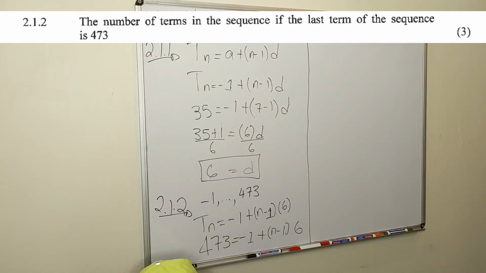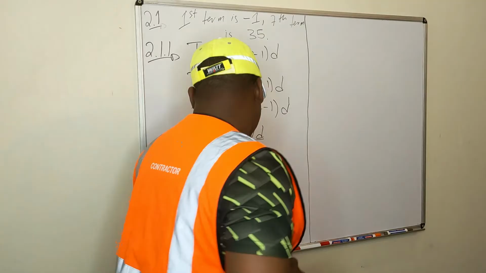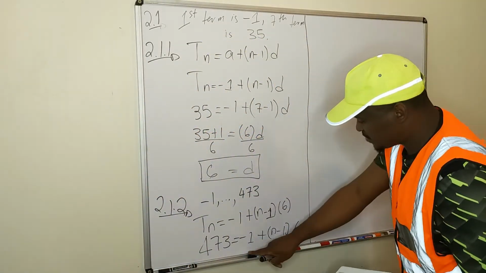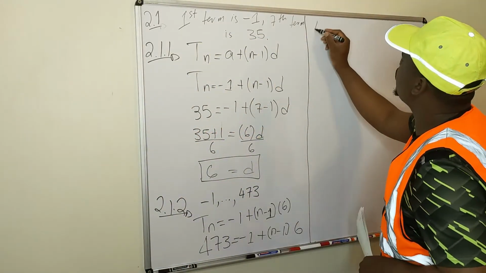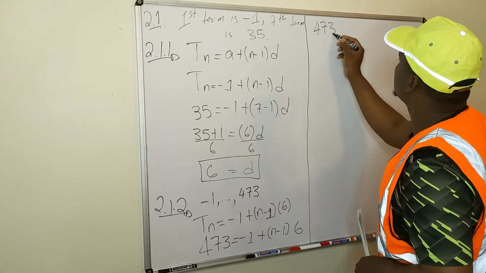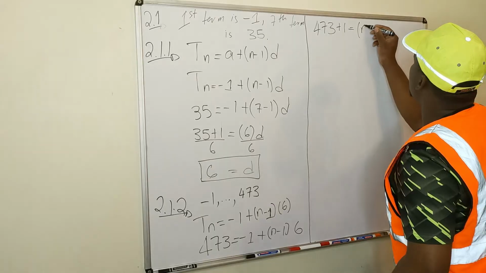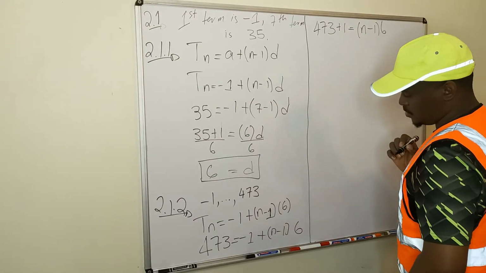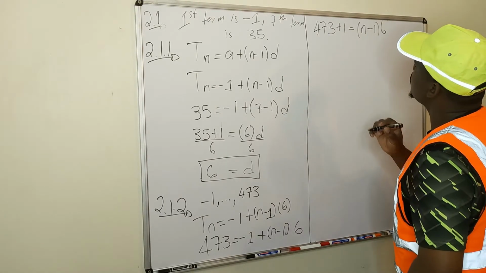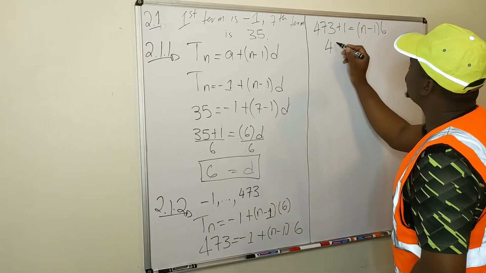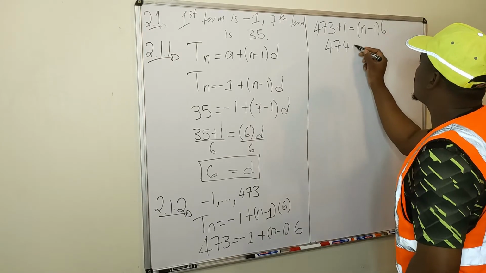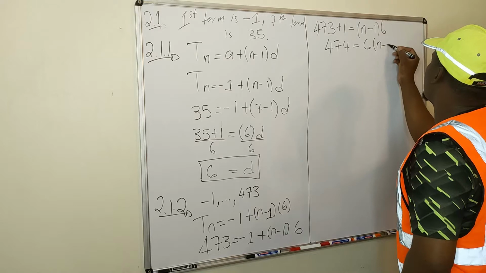What you do next is solve for n. You transpose the 1 to the other side, so 473 plus 1 is equal to n minus 1 times 6. So you have 474 is equal to 6 times n minus 1.